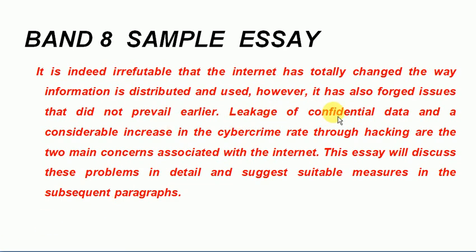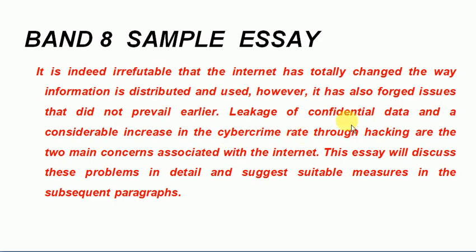Leakage of confidential data. First problem, leakage of confidential data. That is data breach, कि आपका confidential data leak हो जाना. So leakage of confidential data and a considerable increase in cyber crime. Cyber crime is like anyone who is committing cyber crime through hacking.